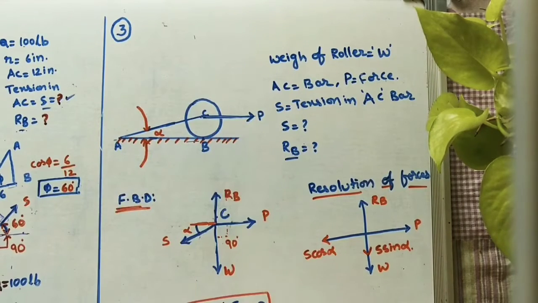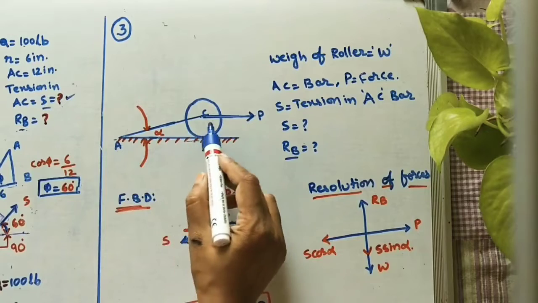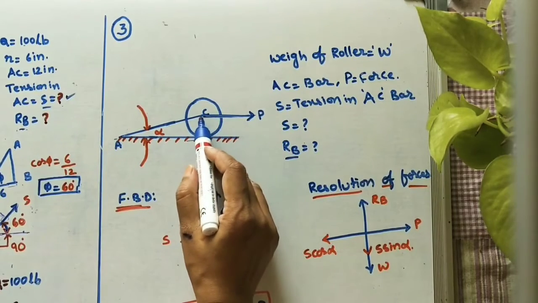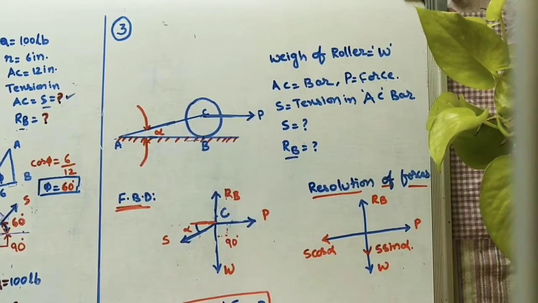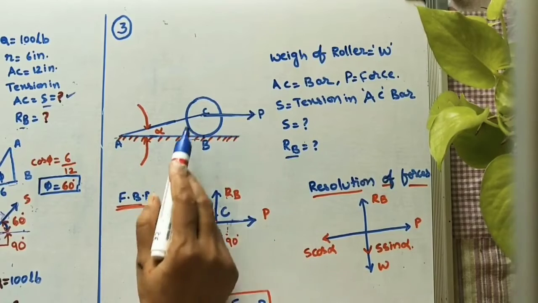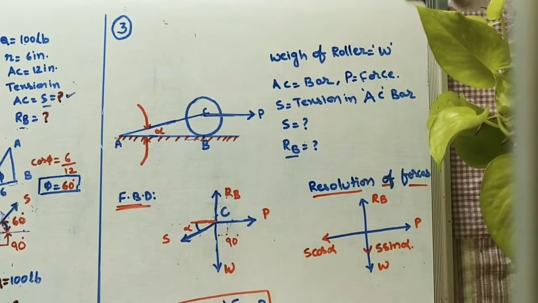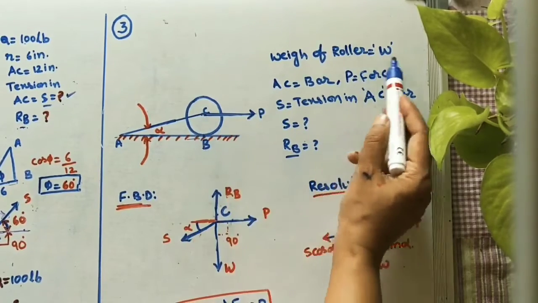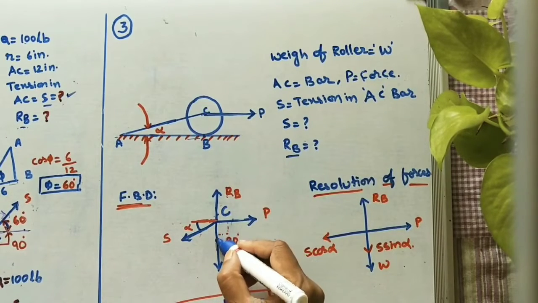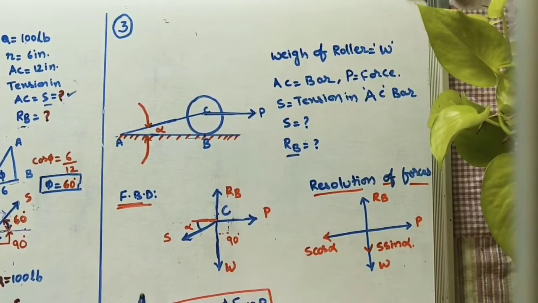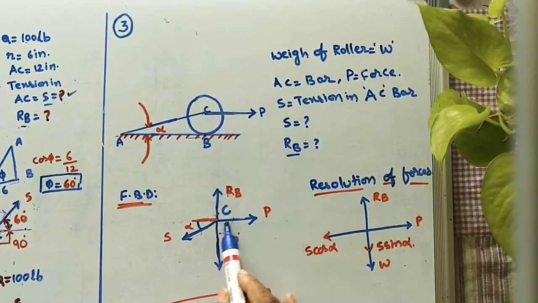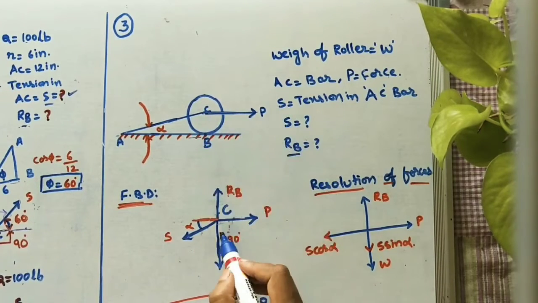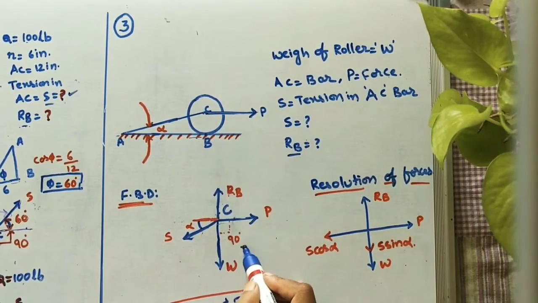Free body diagram is removing all the contact surfaces and just taking the reactions by using those contact points. Now see, first mark C here. Weight of the roller is W. It is given. So I have marked here W. And then P force horizontally. Okay, it is horizontal, with vertical it is making 90 degrees.